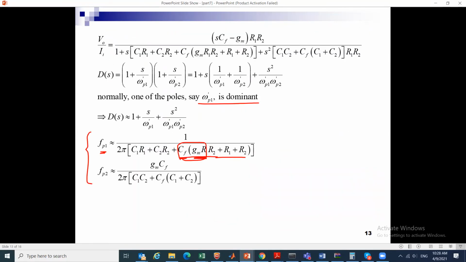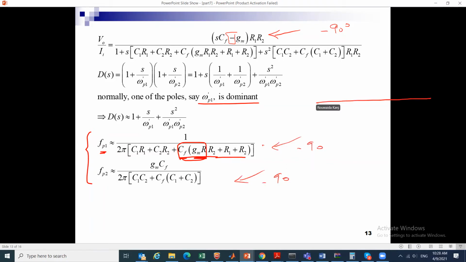The zero that they showed me here, is it positive or negative? I have a minus sign here, right? So this means that the zero is going to contribute minus 90 degrees. And I have two poles, each one of them will contribute minus 90 degrees, right?